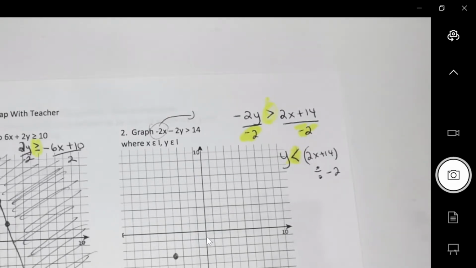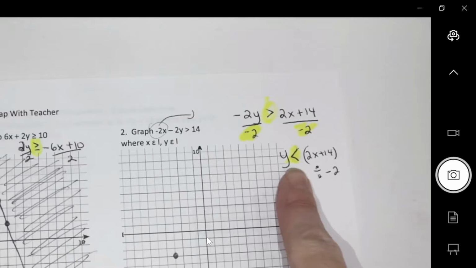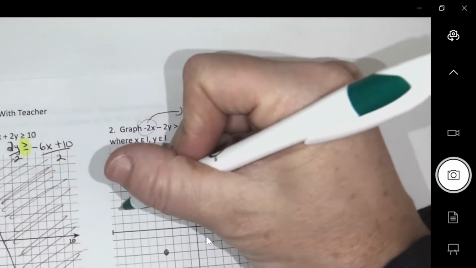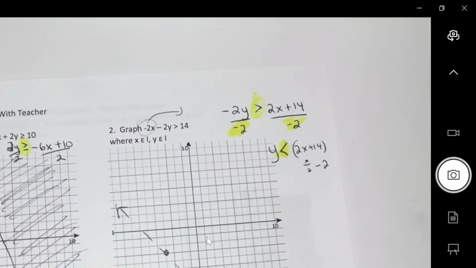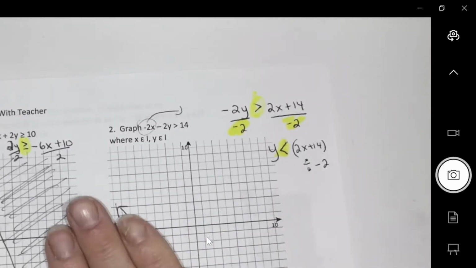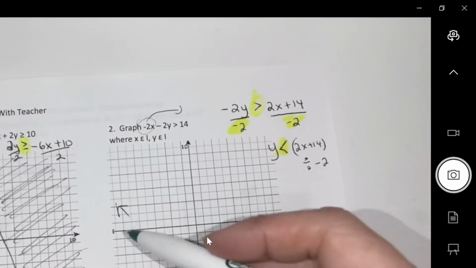Okay, before I draw this, I'm going to ask solid or dashed. So this one is dashed. And which side am I going to pick? So now this is the less than side, so I'm under it.